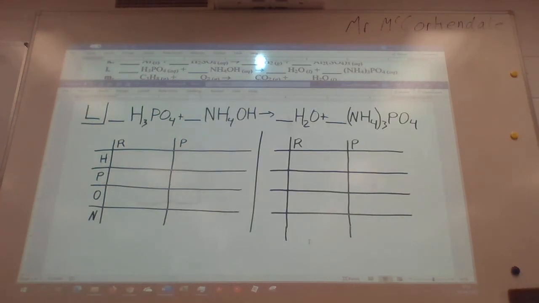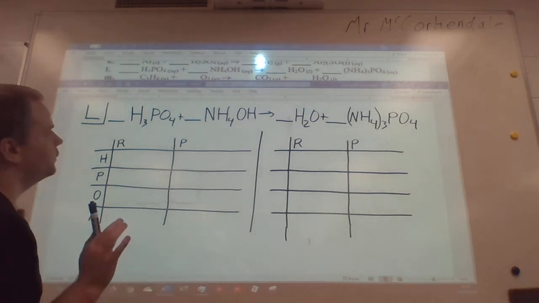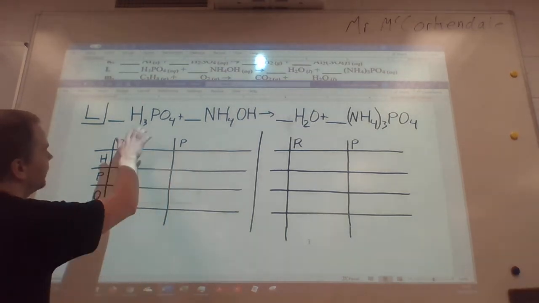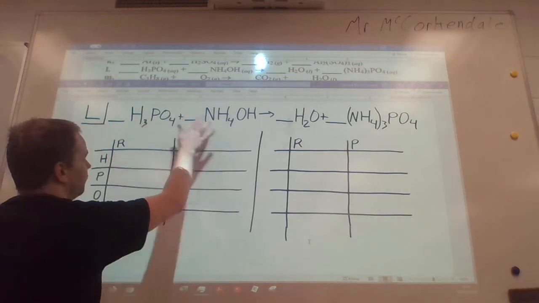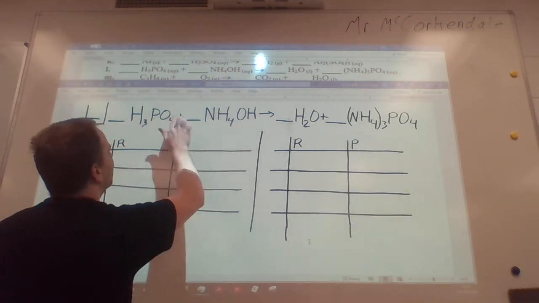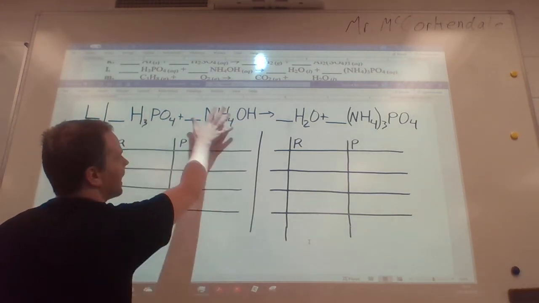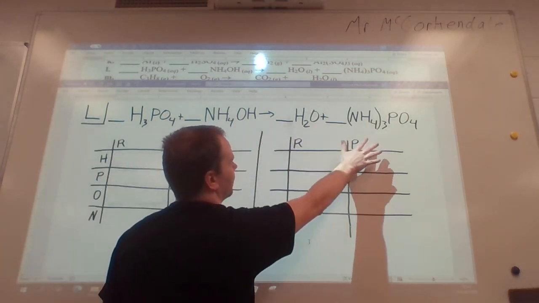All right, this is L. Now, what makes this one so challenging is the fact that H and O are split in the reactant side and on the product side.